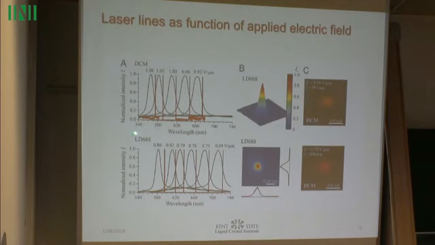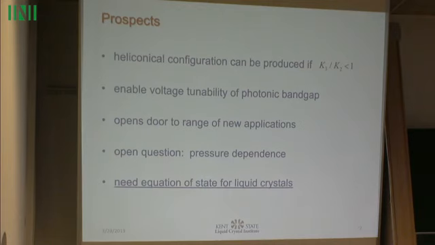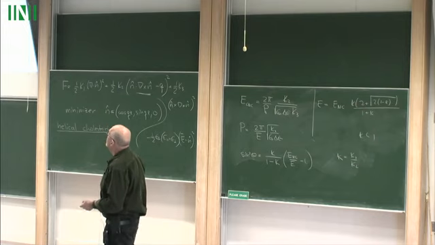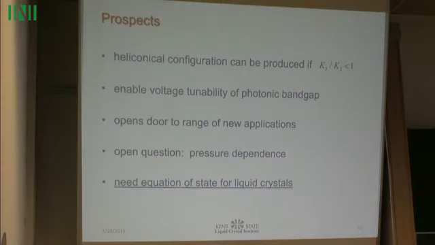And you can see that they're really tunable all the way from 540 up to well past 700 nanometers. So in conclusion, this heliconical structure really opens the door to all manner of applications, because of this precise and relatively straightforward control of the photonic band gap.